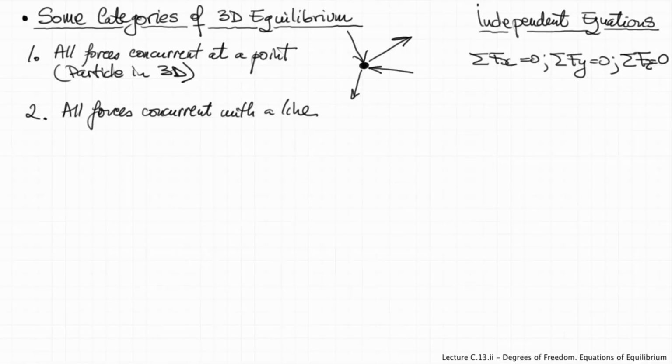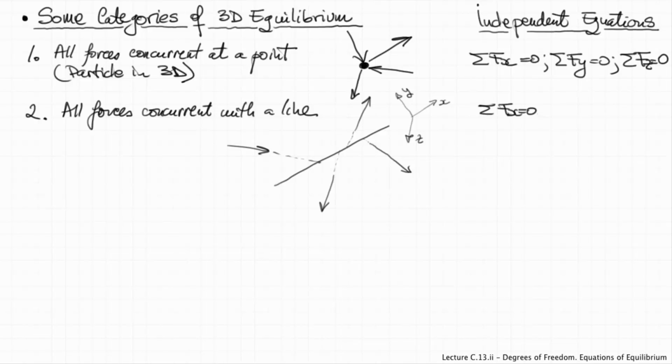The second case is when all the forces are concurrent with a line. So let's see how this one looks. I'm going to assume, just for simplicity, that the line is parallel to the x-axis. And these are the forces whose lines of action intersect that specific line, as you can see.